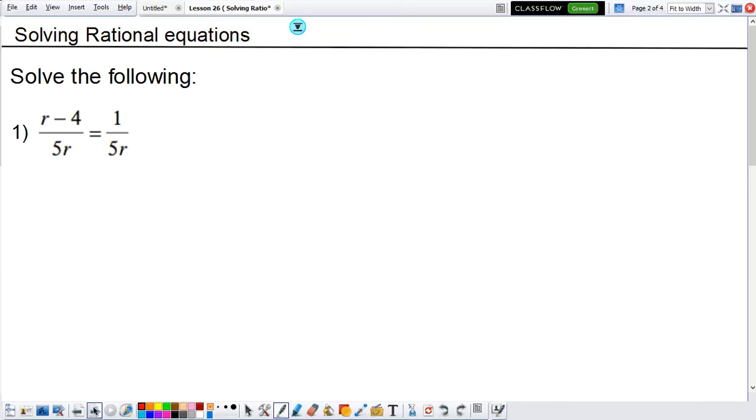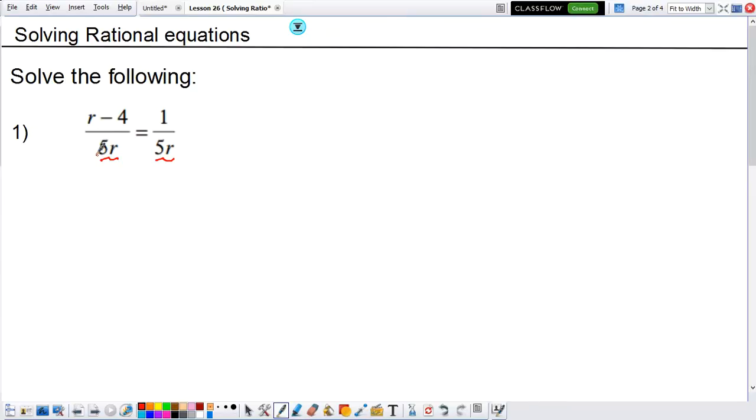Looking at the first example here, let's try to solve the following. We have two rational expressions, r minus 5 divided by 5r, and 1 over 5r. But what do you notice here? They have the same denominator. So step 1 is done. Now, why do we want to write them using the same denominator?